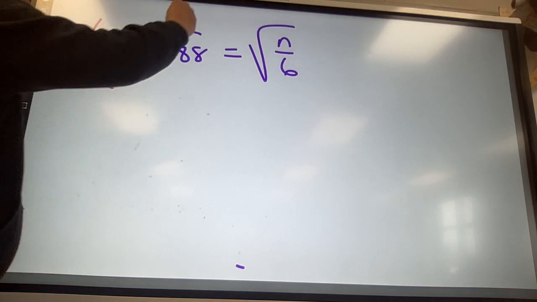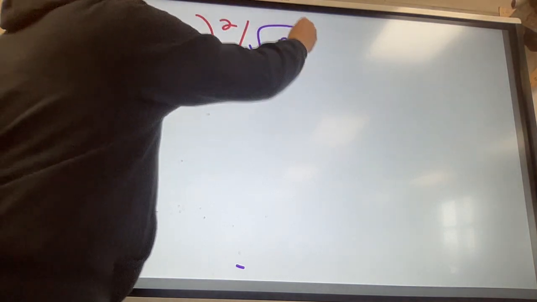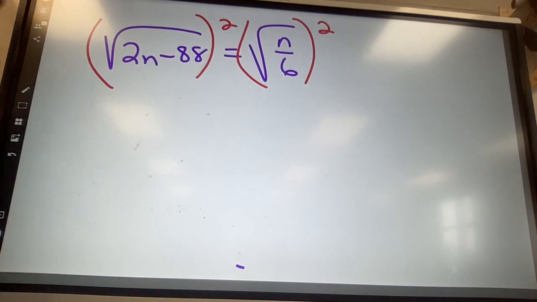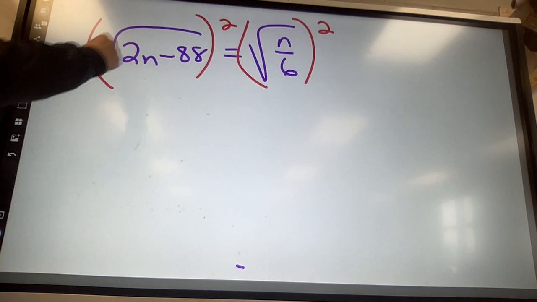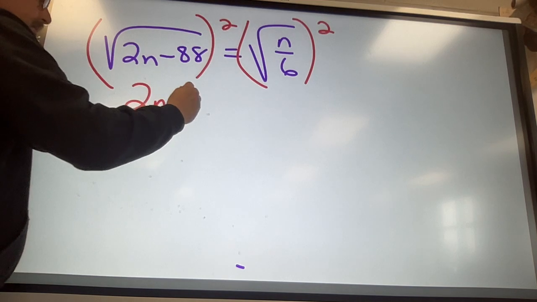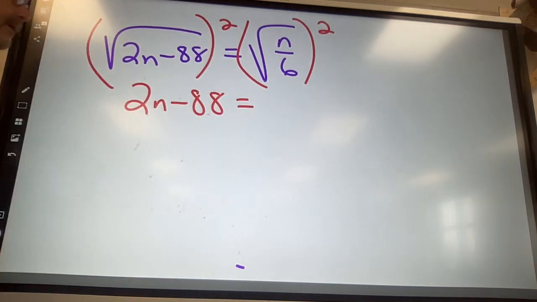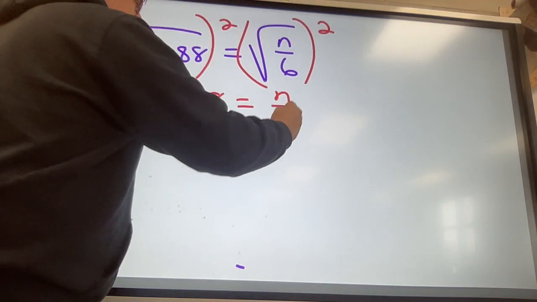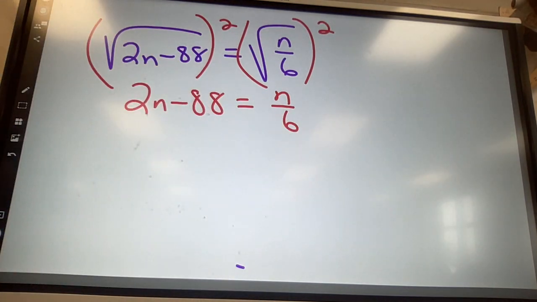So we're going to square both sides. Hey, the square root and the square, the square root and the square. All right, this is a refresher of Algebra 1.